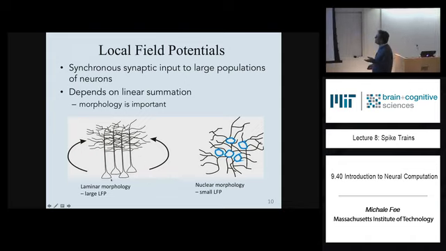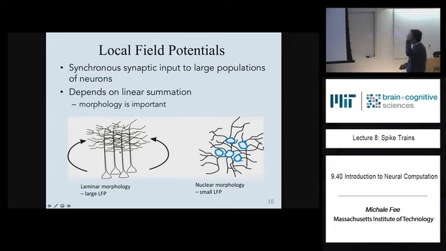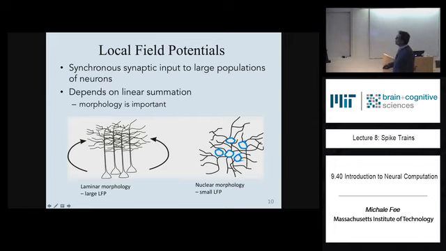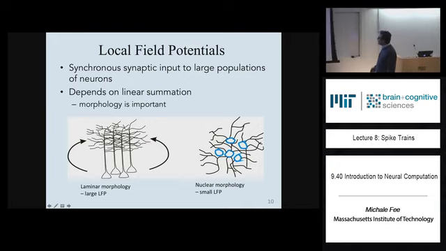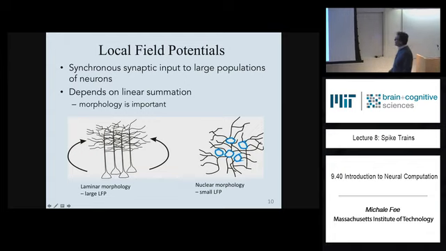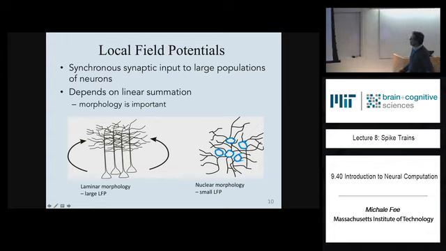So in some types of tissue, for example, in hippocampus or in cortex, cell bodies are lumped together in a layer, and the dendrites are collinear and are organized in a different layer. So this is called a laminar morphology.